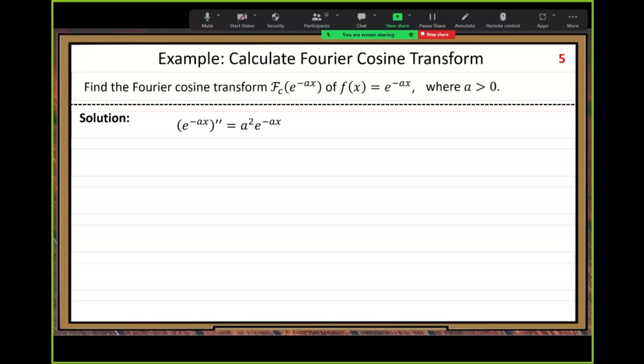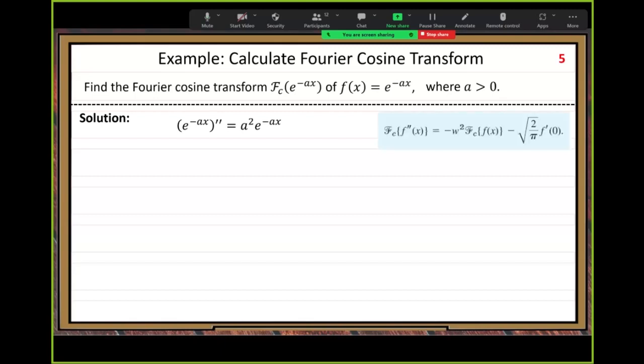Twice, the second derivative, you get back to the cosine, so that's more convenient. Otherwise, it's not a cosine, it's a sine, and you need to calculate the sine transform, which you do not need. That's the reason we need to do the double prime operation.